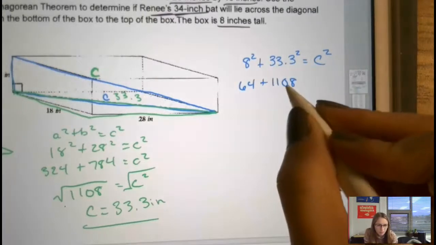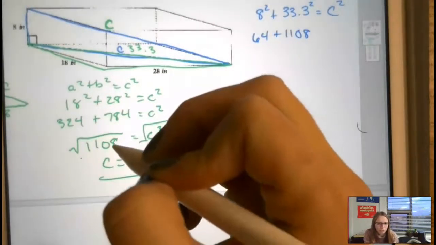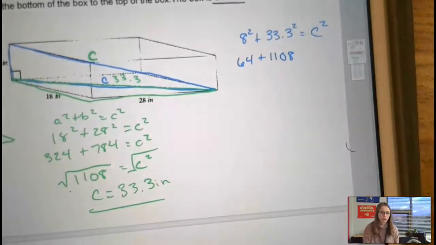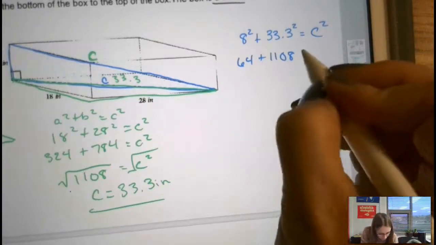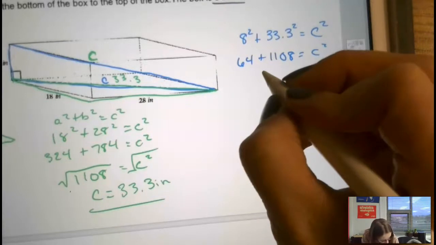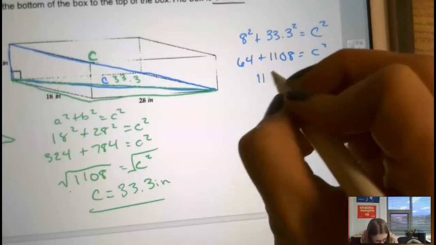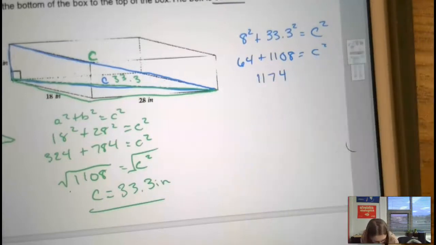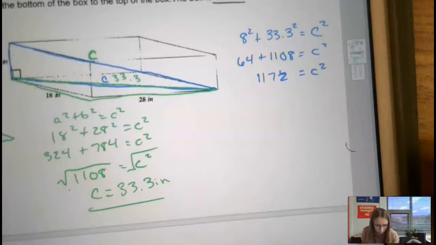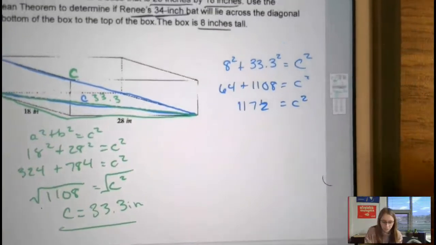And that makes sense to have 1108, because if we just took the square root of it and got this 33.3, if we square it, we should end up with whatever we started with. So there we go. And then we add those together and get 1172, my bad, equals c squared. Now we need to take the square root.